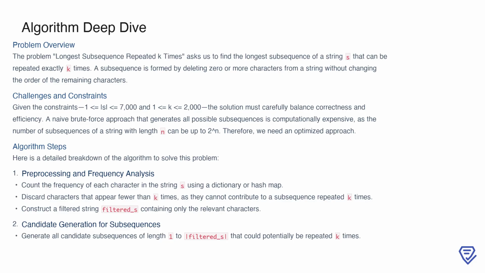Characters that occur fewer than k times can be eliminated immediately, as they cannot contribute to any valid subsequences. We then construct a filtered version of the string containing only these relevant characters. Next, we generate potential subsequences from this filtered string and validate them, ensuring that they can indeed be repeated k times in the original string.